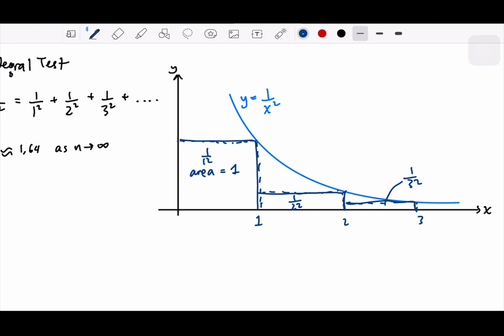And if we include these rectangles, it seems that we can also approach it with the area under the curve, as we learned in integrals, right?